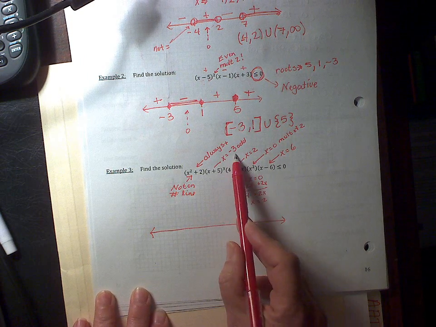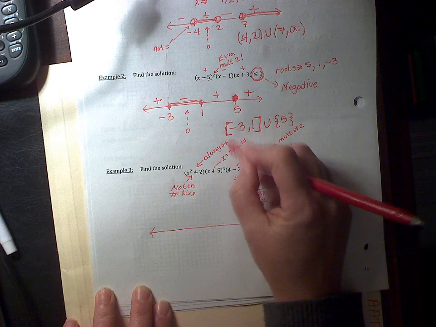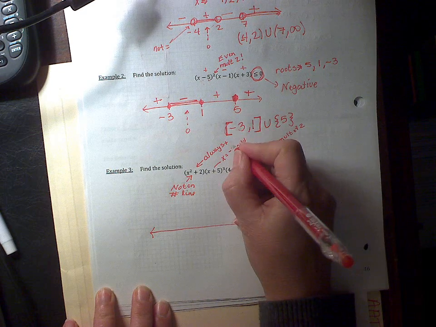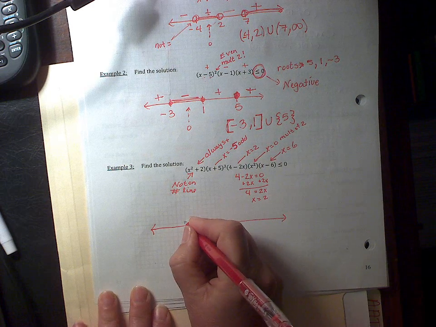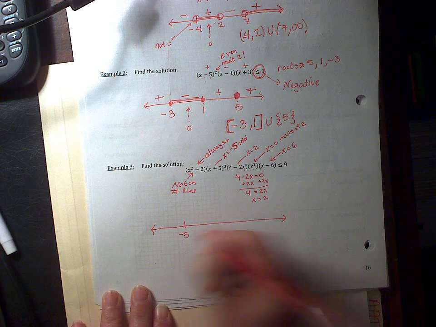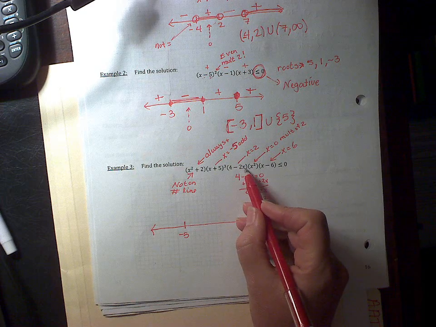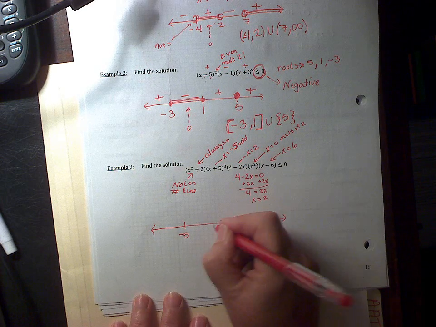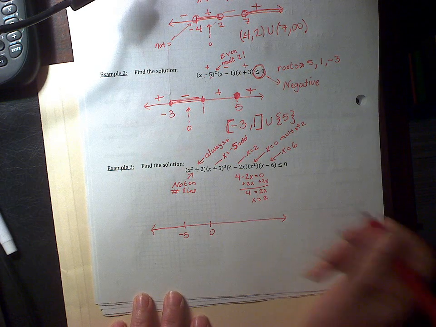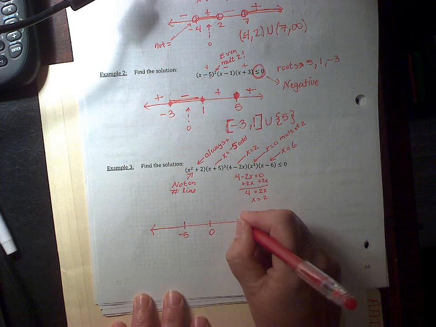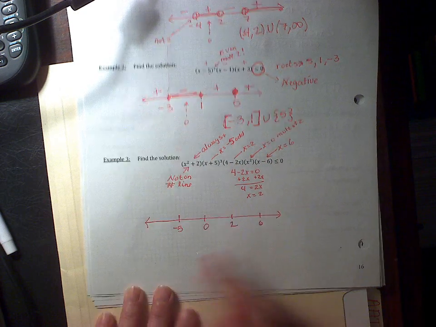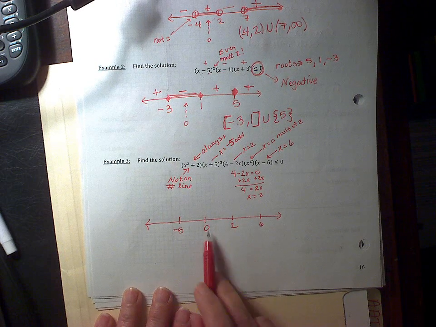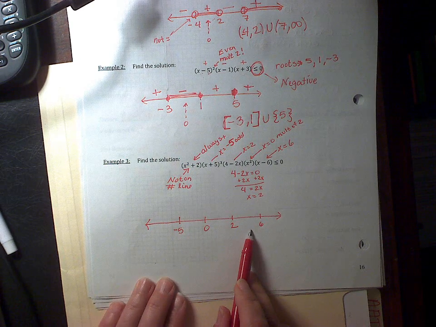So here we're going to put negative 5. So negative 5 is my lowest value. Let's see, we got an x equals 0, so we got to have a 0 on there. We have a 2 and a 6. And how spread out they are doesn't matter so much as long as they are in correct numerical order.